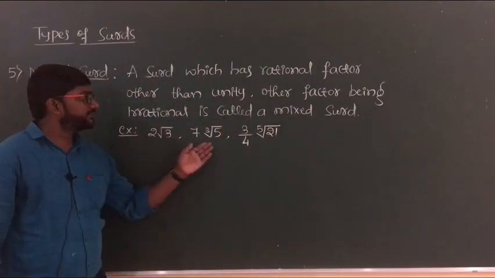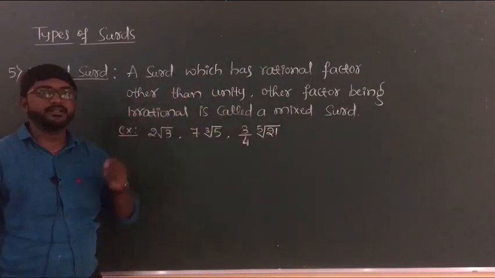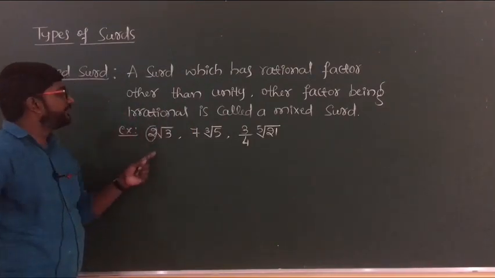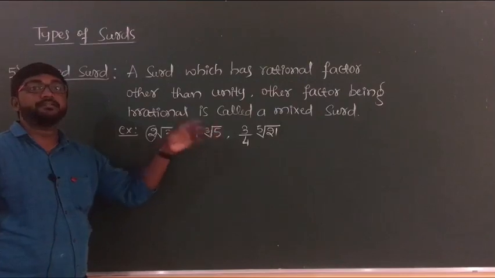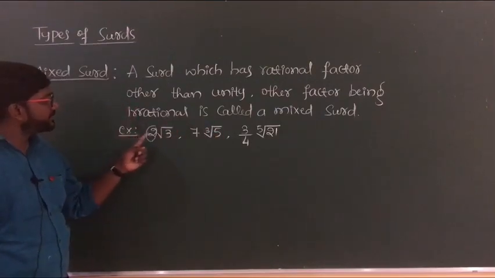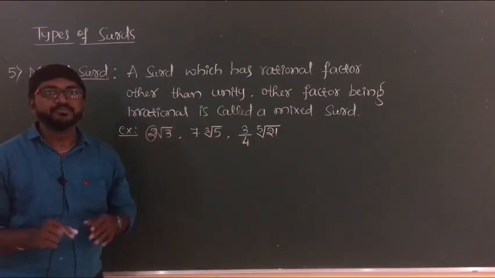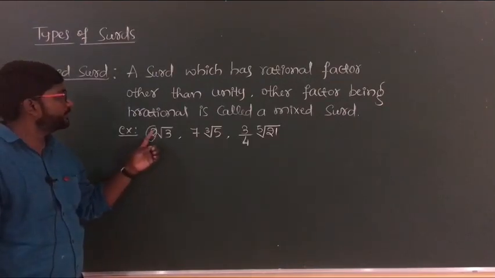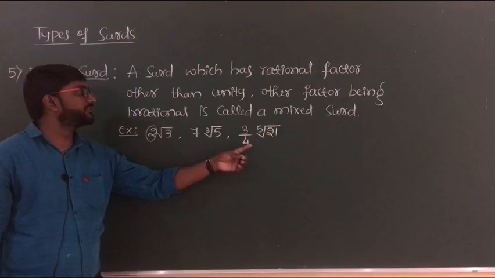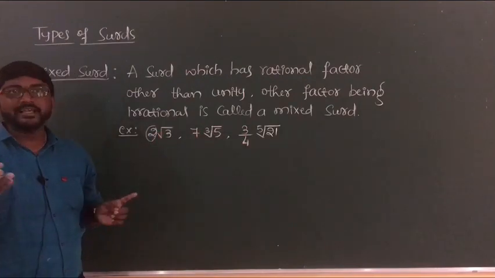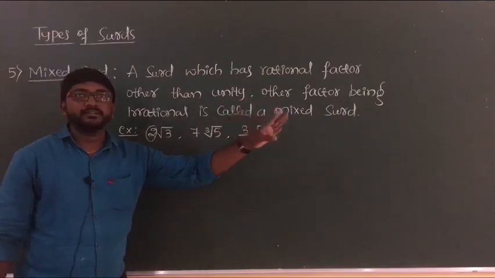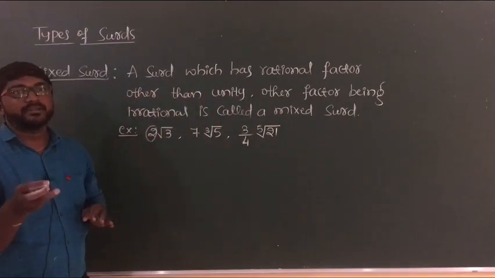So all these are the examples for mixed surd. So see here, 2 is one factor and root 3 is the other factor. So in the previous case, all these factors were unity. Now you have the factors other than unity, that is 2, 7, 3 by 4. All these rational factors are other than unity and the other factors are irrational. So this is all about the mixed surd.